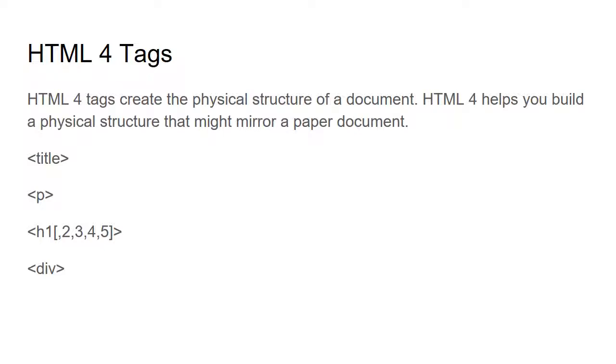Kind of similar to what you do when you mark up a paper document. We all know what a paragraph is for and what a title is for, but HTML5 is slightly different. It assumes that the computer can't tell the difference between one or another, it doesn't really know the different logical meanings of each of the different types of document headings.